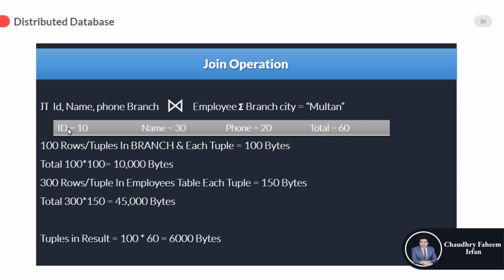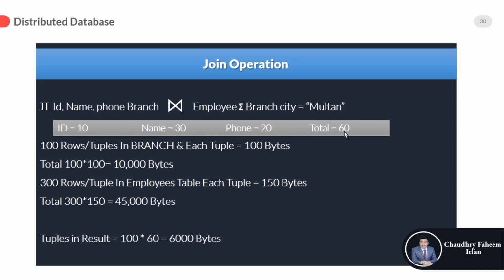I suppose that ID is 10 bytes, phone is 20 bytes and name is 30 bytes. So the total size of a tuple, or a single row, may be 60.